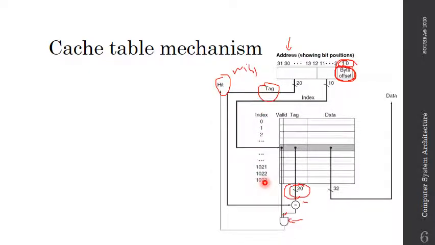So here we can notice the index: how many bits are used for the index? It feels like we have 10 kilobytes here. Yeah, so 2 to the power of 10, that's correct. So 2 to the power of 10, so 10 kilobytes here. And so that's it.